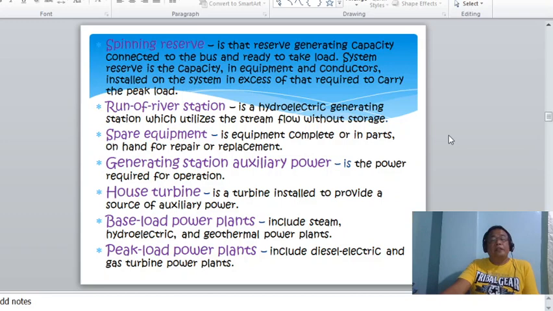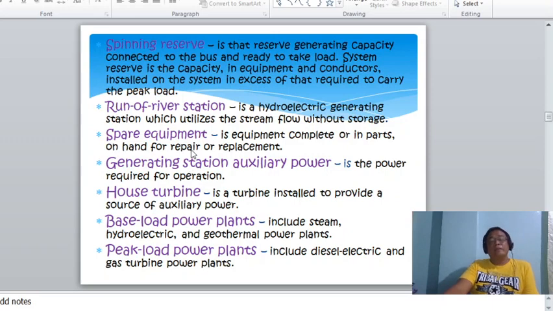Generating station auxiliary power is the power required for operation. Another, we have the base load power plant. Base load power plants include steam, hydroelectric, and geothermal power plants. These plants are those where starting is much more complicated.